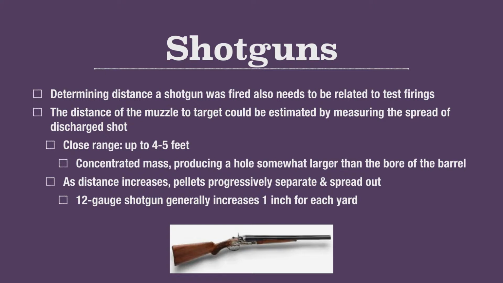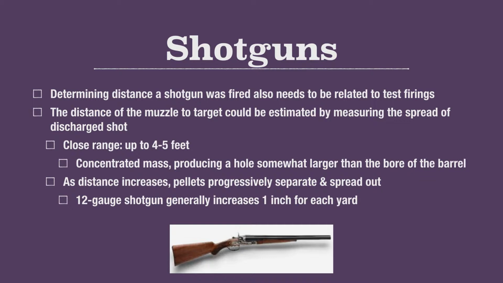So close range, which is up to 4 to 5 feet, has a concentrated mass producing a hole somewhat larger than the bore of the barrel. And as the distance increases, the pellets are going to progressively spread out and separate. So a 12 gauge shotgun generally spreads 1 inch for every yard. So they kind of use that as a gauge when they're determining the distance.